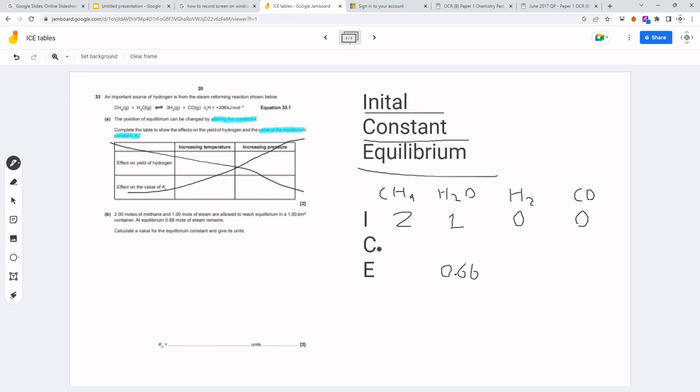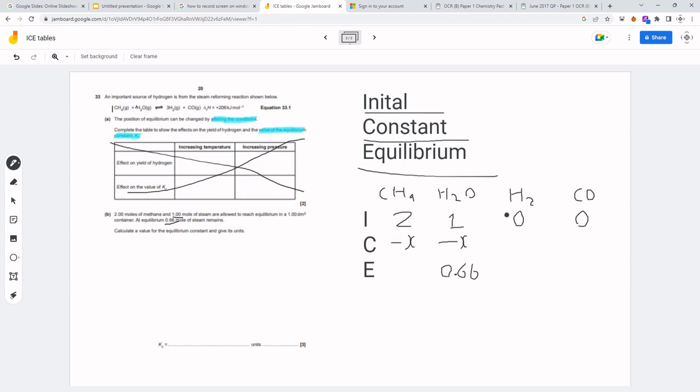So now we can construct the change. Both of these, 1 mole reacts. It's not showing the equation, but 1 mole of methane reacts with 1 mole of steam, so they lose 1x. And the way you can tell they lose it is because the concentration is lower, but also, since there's nothing here, they have to lose concentration.